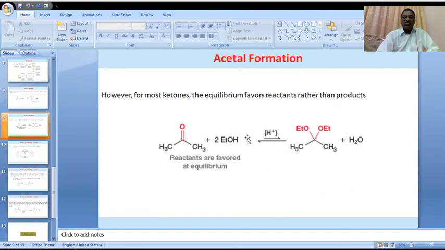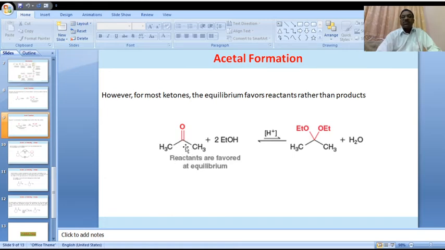Based on this, acetone on reaction with 2 moles of ethanol, the equilibrium favors the reactant side, not the product side, because the acetone compound is more stable. The acetone is more stable because the carbonyl carbon is attached to both electron donating groups. But in formaldehyde there are no electron donating groups.